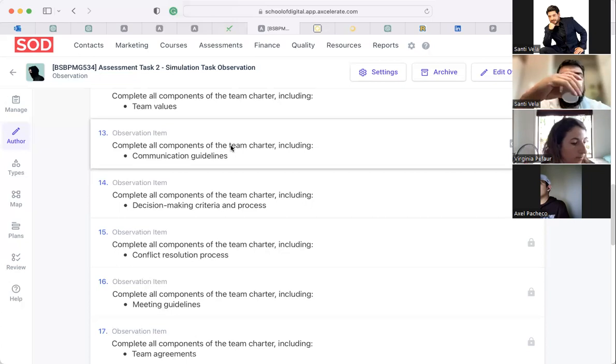PMS, project management system. Which is Monday, or Trello, or any one of those that we have available, Microsoft Project, Asana, all of them.